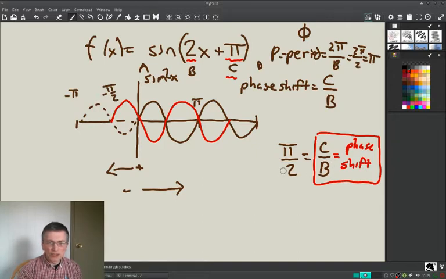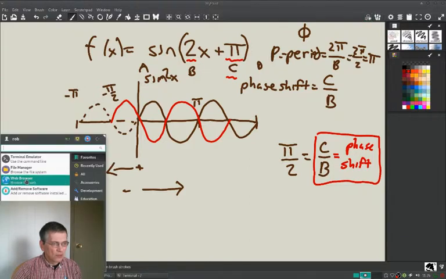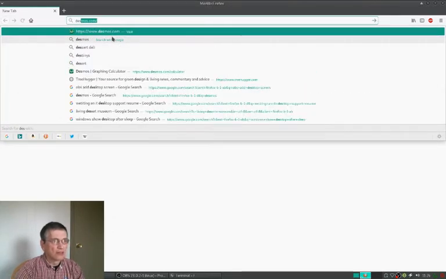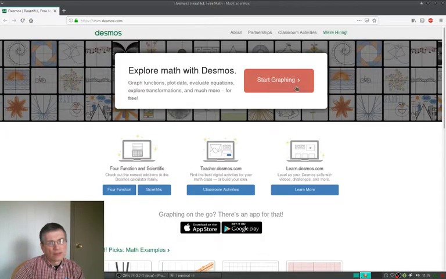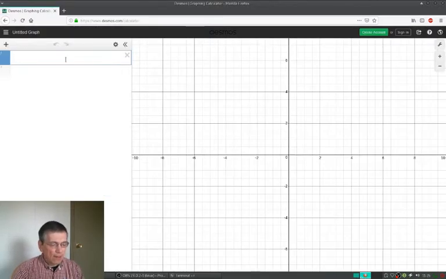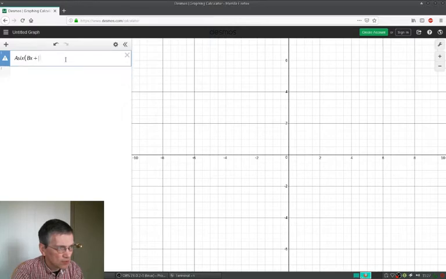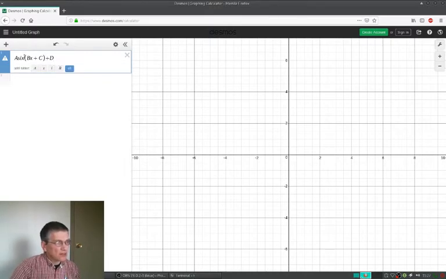If you let me go into Desmos.com for a second, we'll play around with these and I'll show you how they work dynamically. Alright, I'm going to do a sine of bx plus c, oops, try and stay consistent, the whole thing plus d.